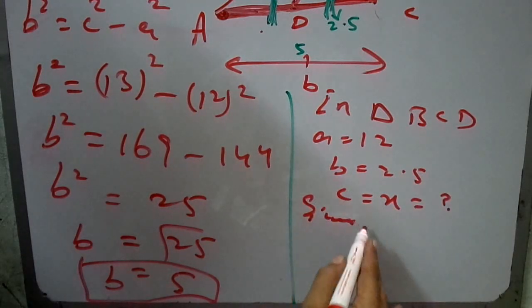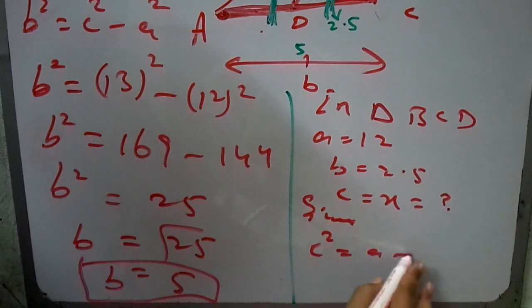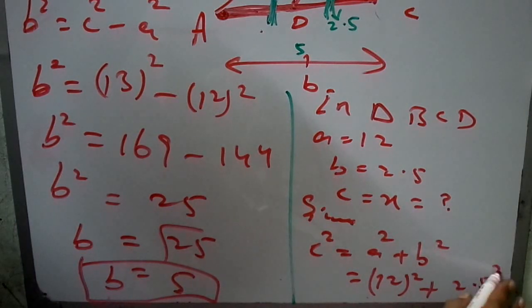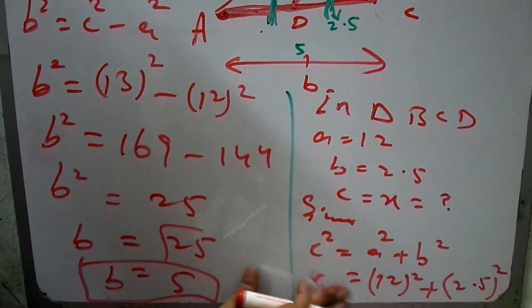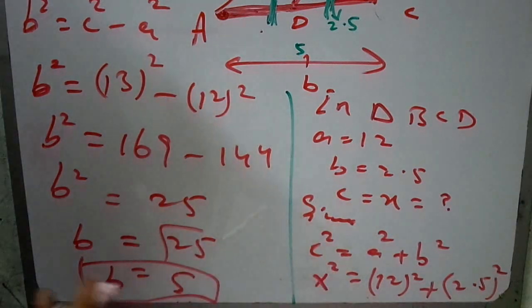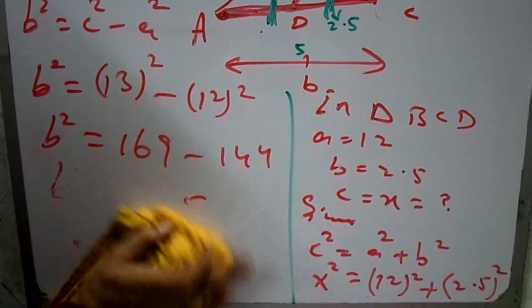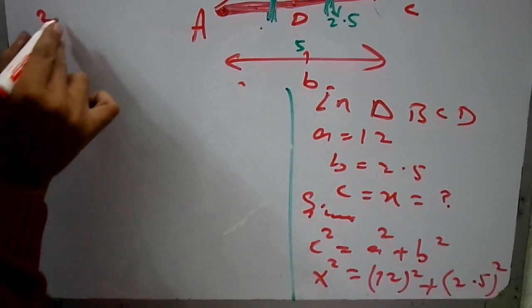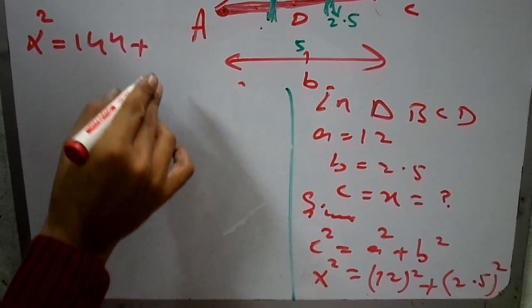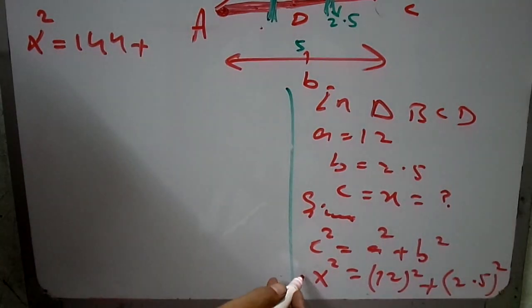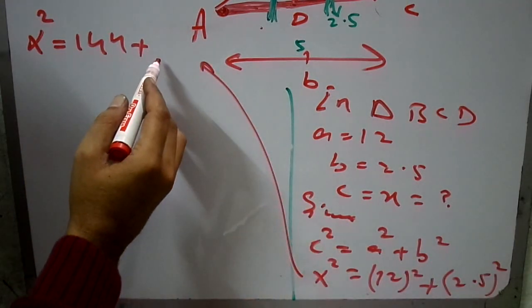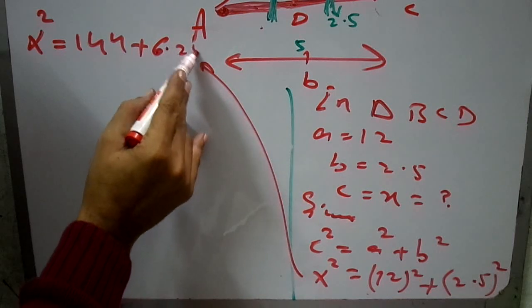Then since C square is equal to A square plus B square by Pythagoras theorem, putting the values, 12 square plus 2.5 square, so that is your x square. So the value of x square is equal to 144 plus 2.5 square, that will give you 6.25.